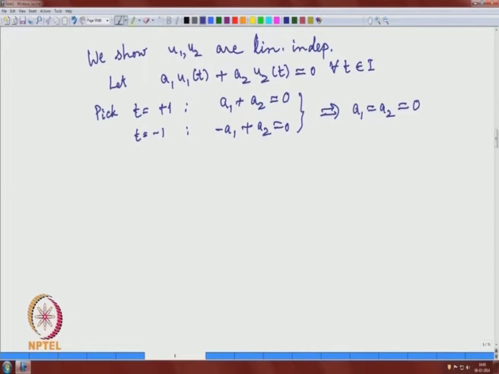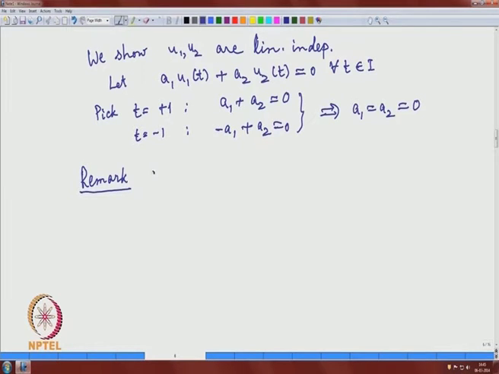So, such examples do not occur for some special solutions, again some special functions. So, this is a remark. You are going to see this in the study of linear second order equations.